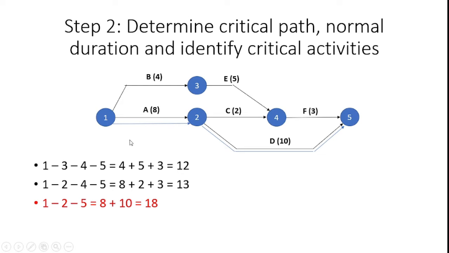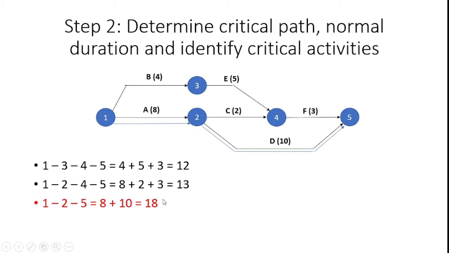Finally, there is another path, 1, 2, 5. It takes 8 days for completing the activity from 1 to 2. After that, 2 to 5 consumes 10 days, so totally 10 plus 8, 18 days. So I compare 12, 13, 18.